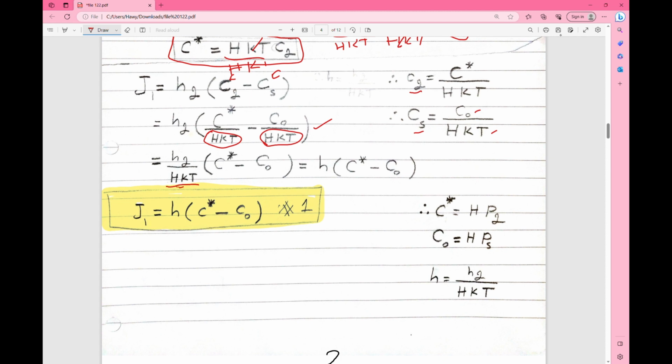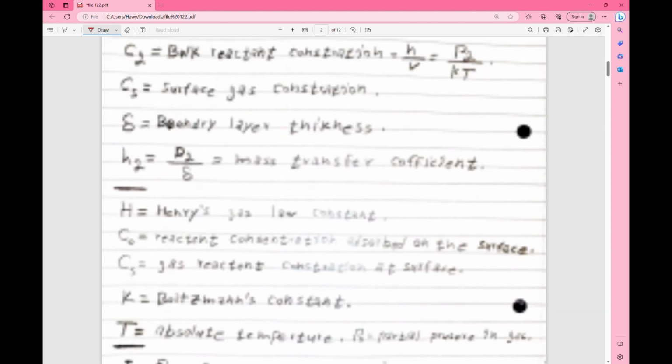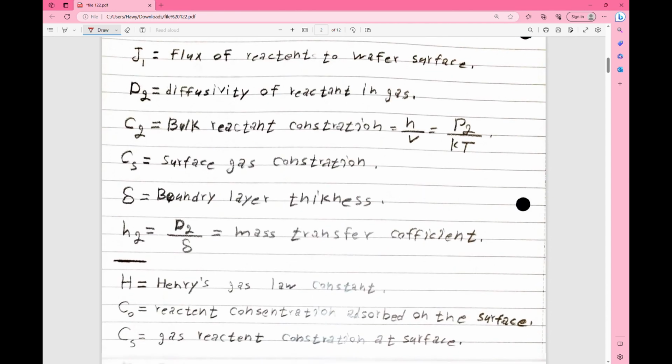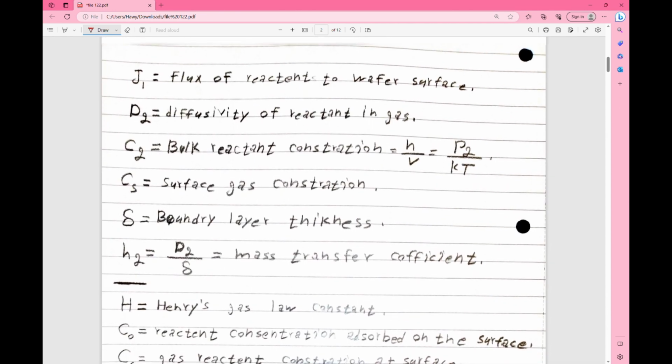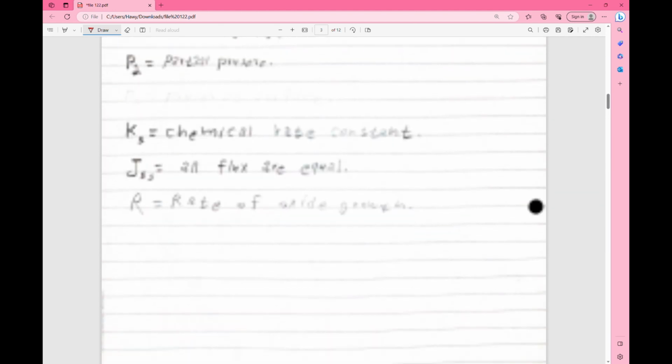So we call this part h, for symbolization.